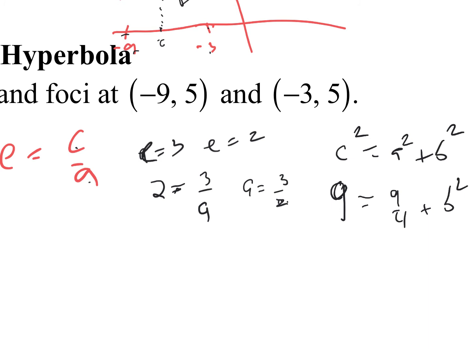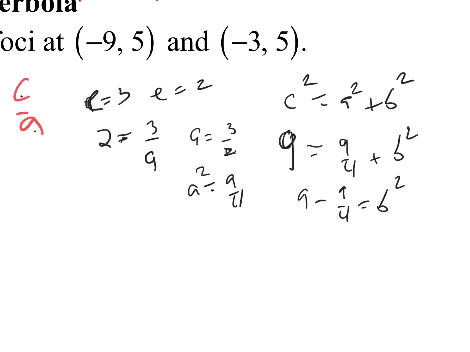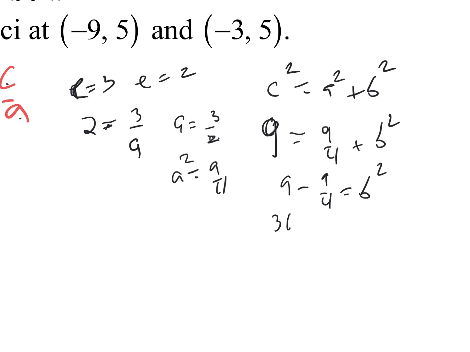So I know A squared will be 9/4. That's important. Keep that in mind. So B squared is 9 minus 9/4. 9 is the same as 36/4 minus 9/4. That's 27/4. Yes, equals B squared.